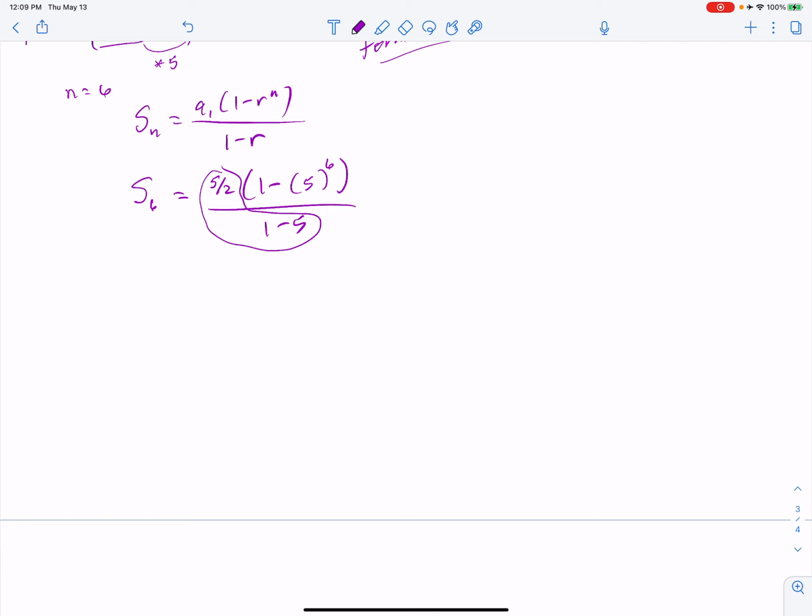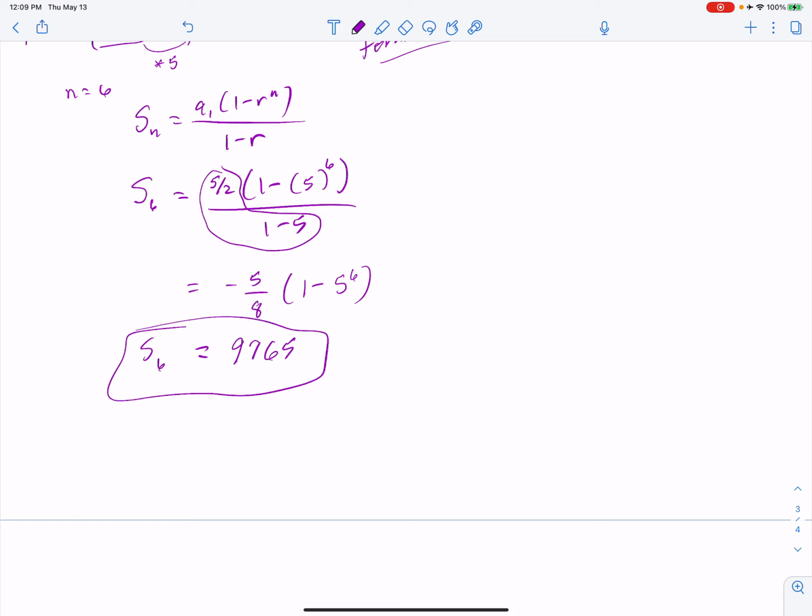I have 5/2 divided by -4, which is 5/2 times -1/4, which is -5/8. And then that's going to be times 1 minus 5 to the 6th. You show details like that, and then at some point you can pick up a calculator to help you evaluate, and it's 9,765. And that is the sum of the first 6 terms, but you must show use of the formula.